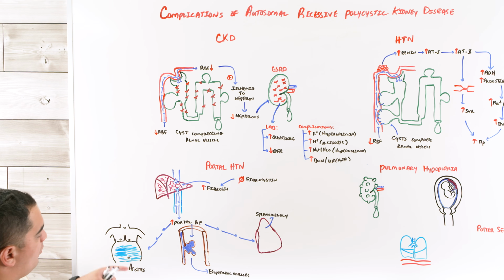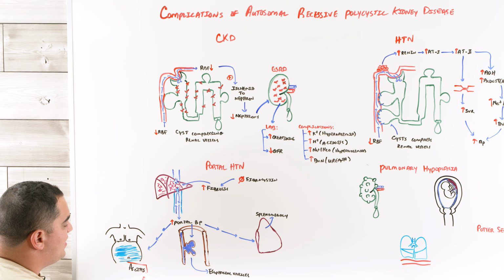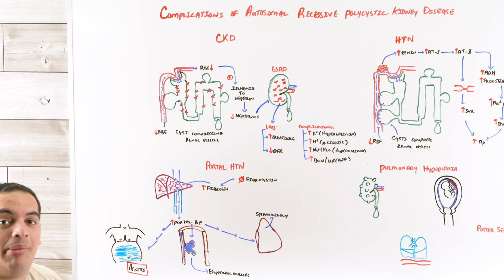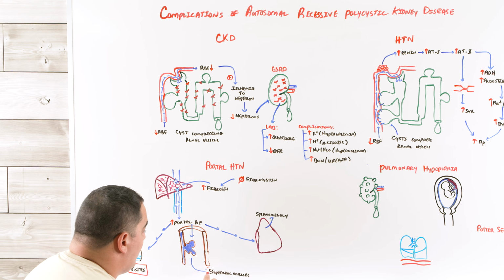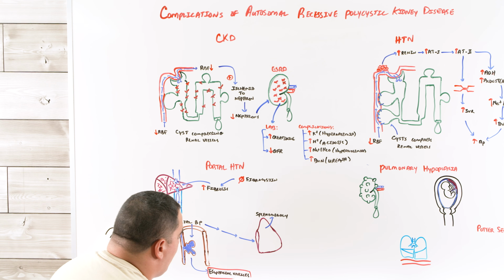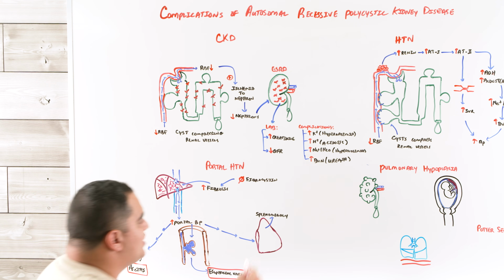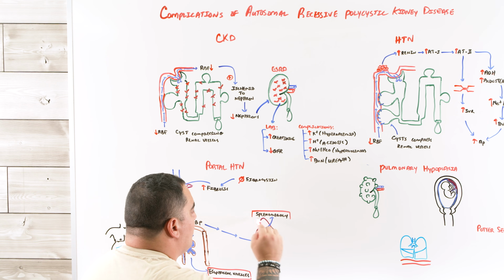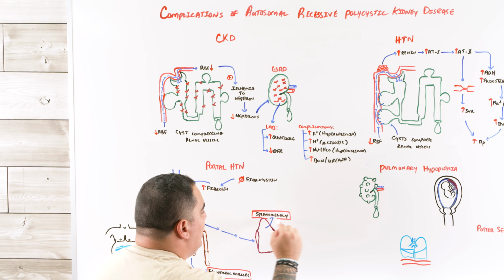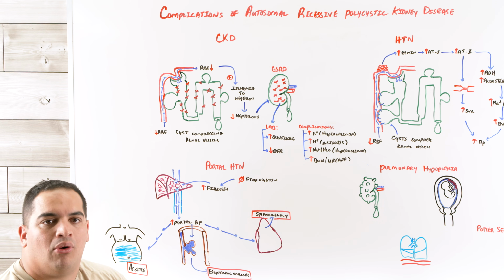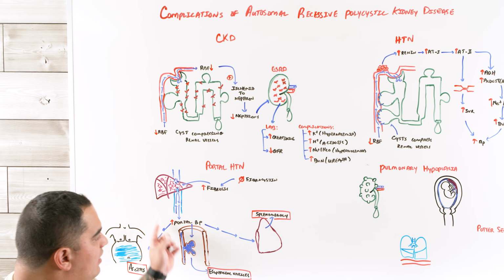But another thing is, with all of these diseases like ascites, it increases the risk of what's called spontaneous bacterial peritonitis. Esophageal varices, we already said, increases the risk of upper GI bleeding. And splenomegaly increases the risk of thrombocytopenia.